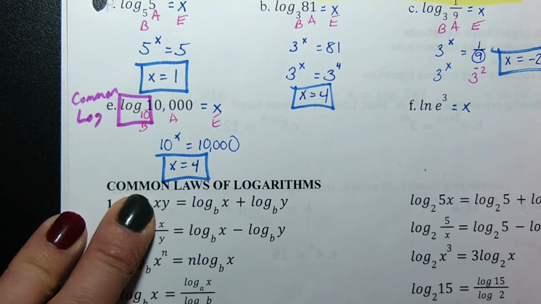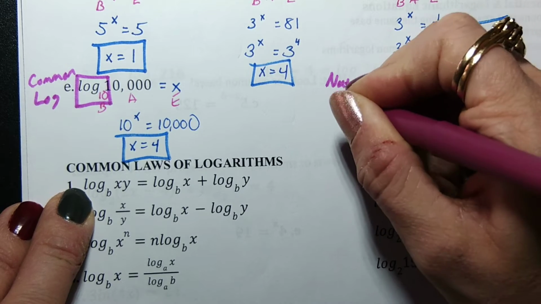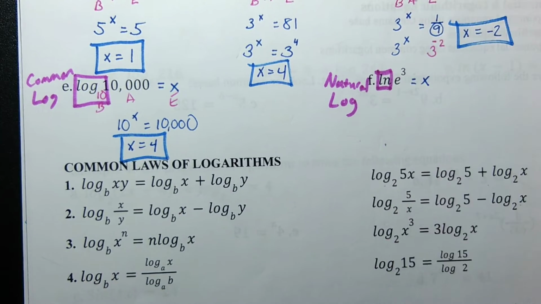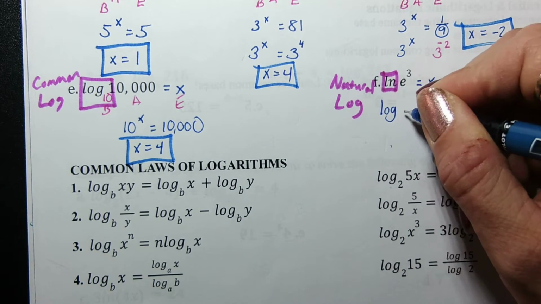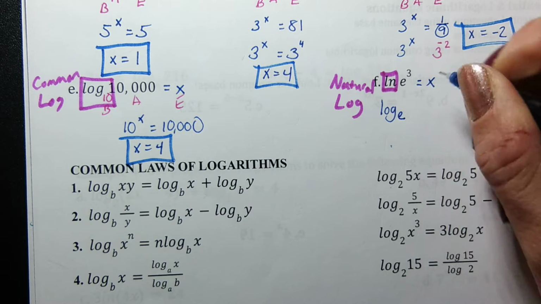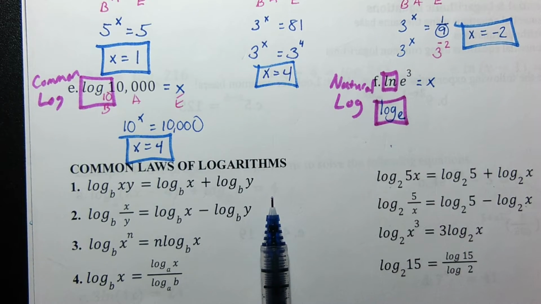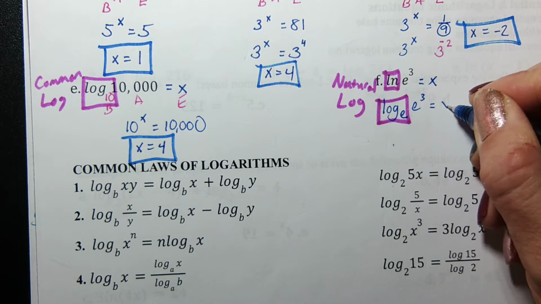This is the natural log. ln is the natural log. And ln is the same as log base e. So I have log base e of e to the third equals x.